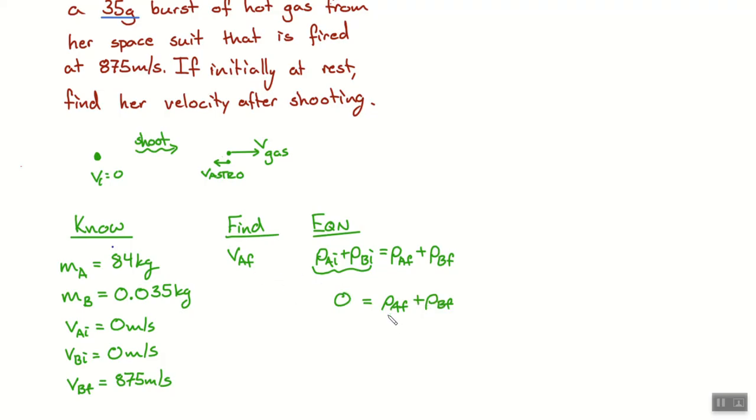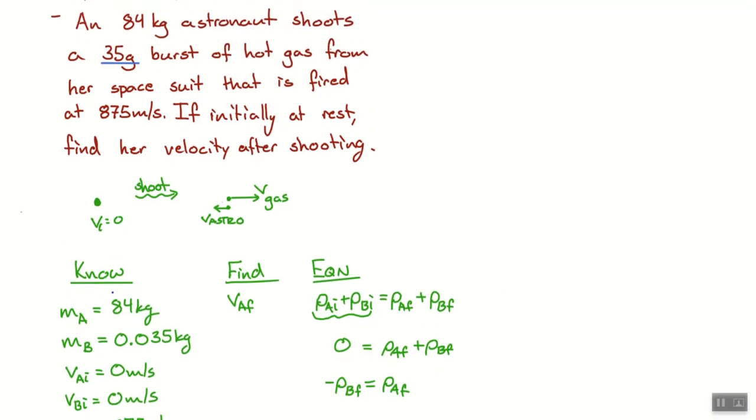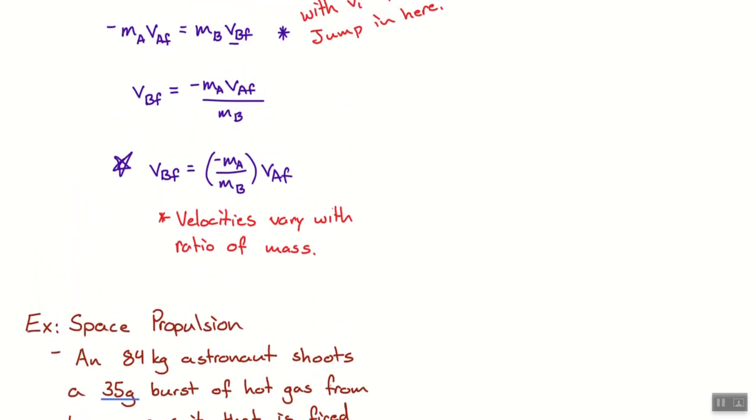So I'm going to keep it here, and I'll just say, all right, well, negative p_BF, the final momentum of that boost of hot gas, is exactly equal to the momentum of my astronaut. And I keep interchanging that language, and I'm so sorry. The opposite of the momentum of my blast or my boost is equal to the final momentum of the astronaut. All right, now, just looking above, because we saw something super similar.